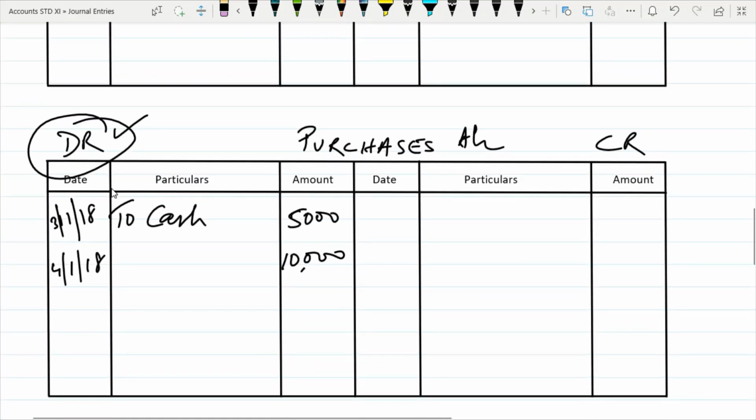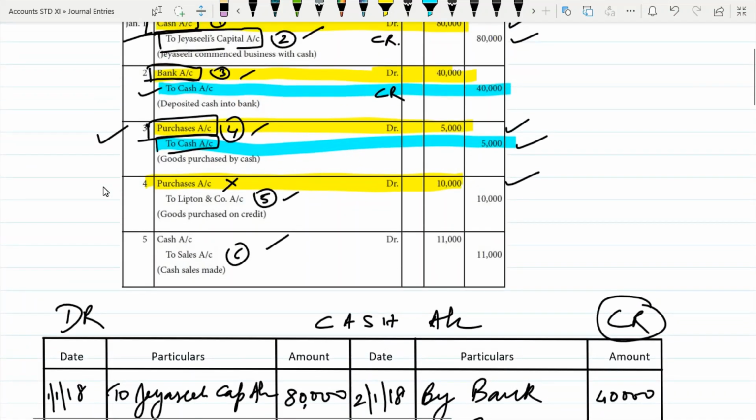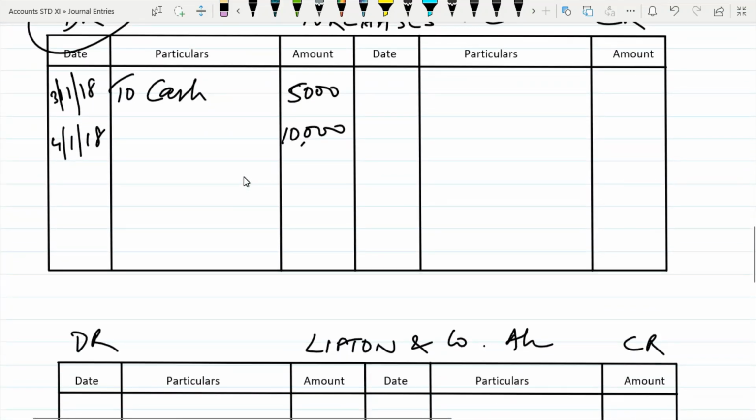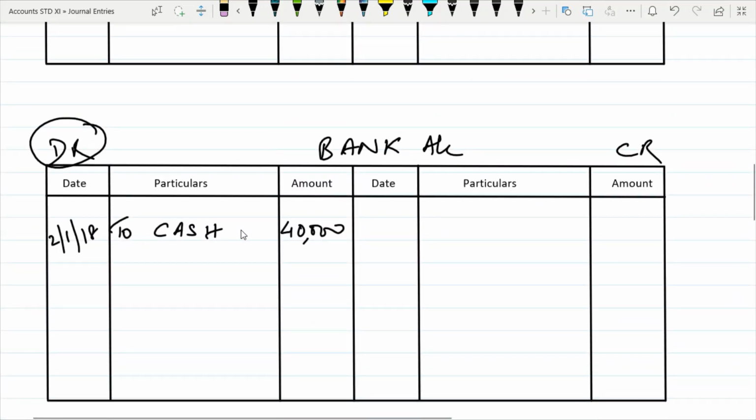Now what is to be written there? Now see here. This is to Lipton and Company. Why? Because it was bought on credit. So go to purchases, to Lipton and Company. See, in all these cases, now you can write account. In fact, account has to be written there, okay? Cash account.